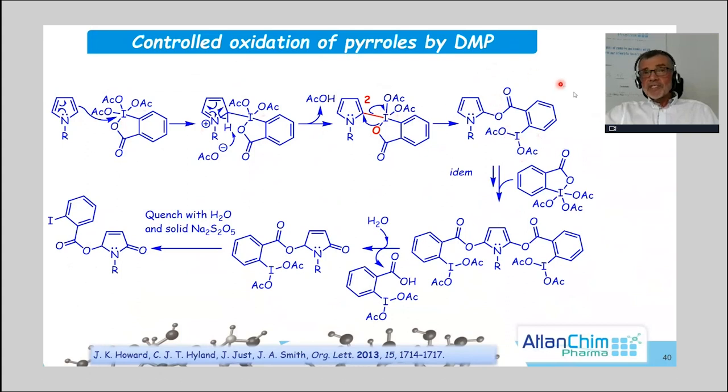Once formed, this electron-rich intermediate is more reactive than the starting pyrrole, and the electrophilic aromatic substitution is repeated to form this 2,5-disubstituted pyrrole, which by hydrolysis with a loss of this 2-substituted benzoic acid derivative gives this pyrrolinone.